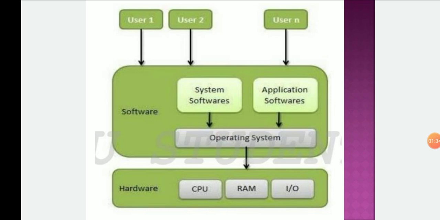You all know what input output devices are. Keyboard and mouse are input devices, and monitors, printers, etc. are output devices. So if a user needs to access the hardware through software, it is connected through the operating system. So the operating system is an interface between user and hardware.